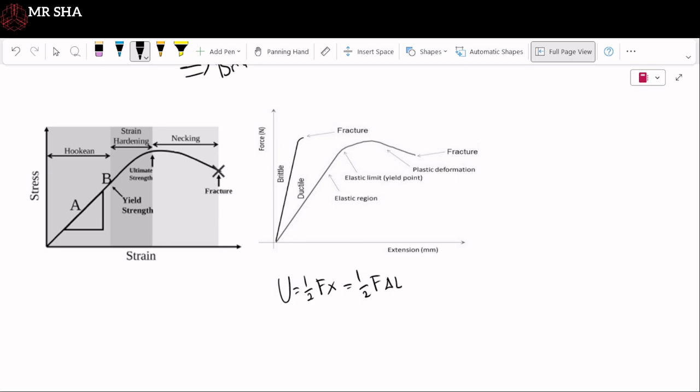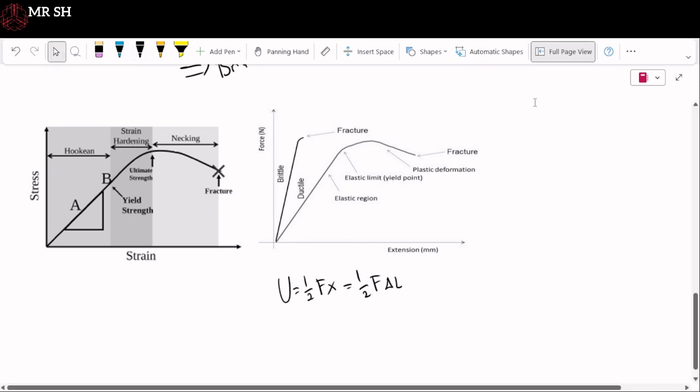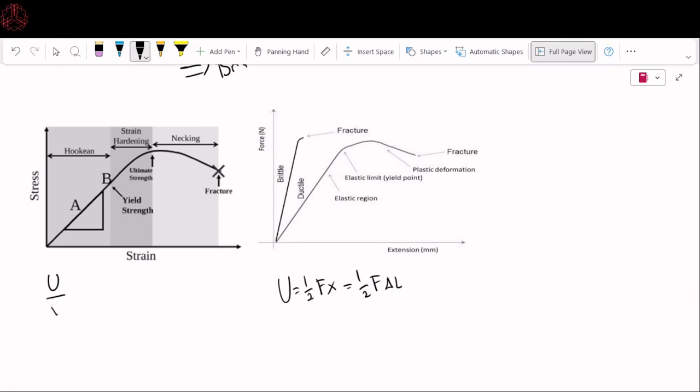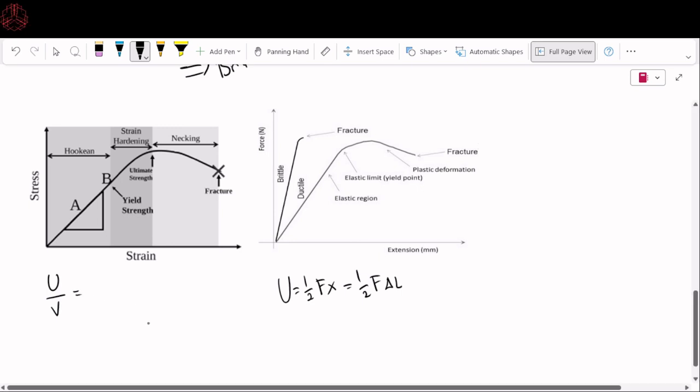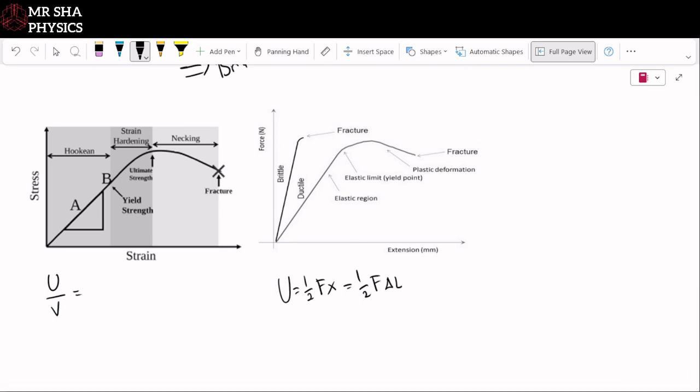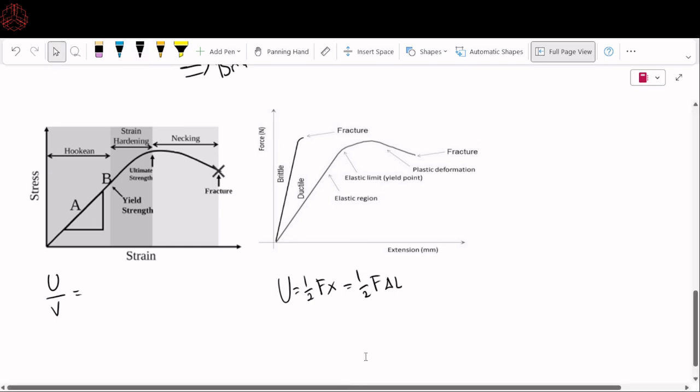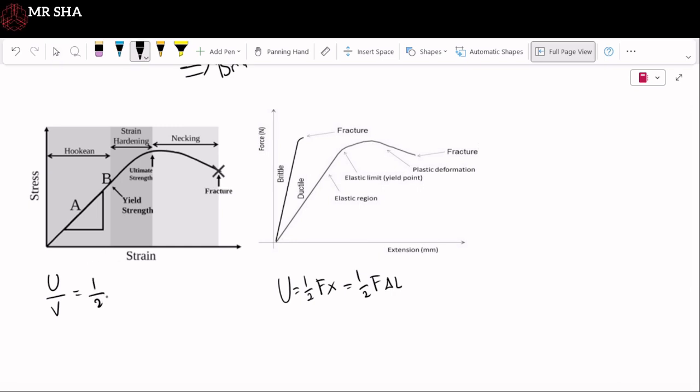But it takes a bit more tweaking, and I'll just show you the result. Mainly when you talk about the stress strain graph, you don't really talk about strain energy. You talk about strain energy per unit volume, so that's going to be U over V, which is equal to half stress times strain.